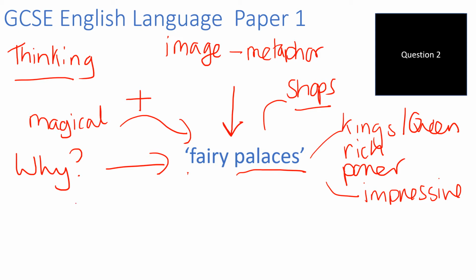It's quite a negative thing. And so this idea of it being a fairy palace, fairies are unrealistic. I'm sorry if I've injured a fairy in saying that they're not real, okay? But they're unrealistic. And so it's almost like it's not real for her.